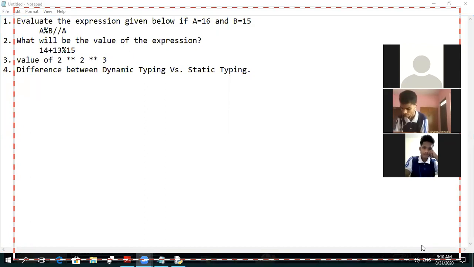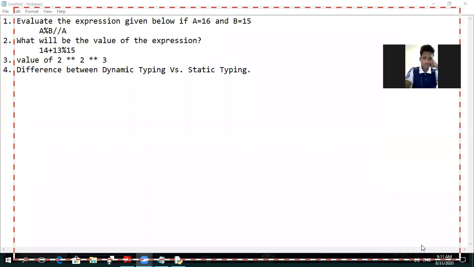If you don't know the answer of this question, please write in the comment in the chat box. Muskan, Shrey, Lokesh. Lokesh, these are the questions.